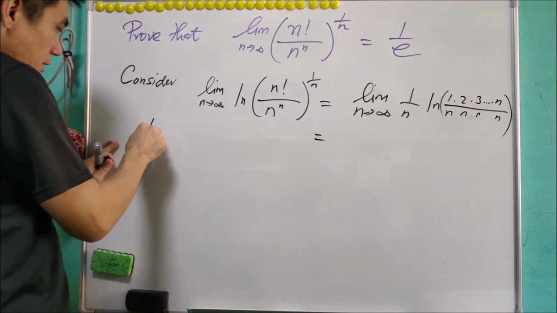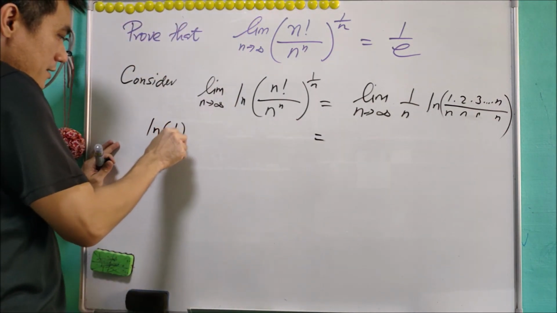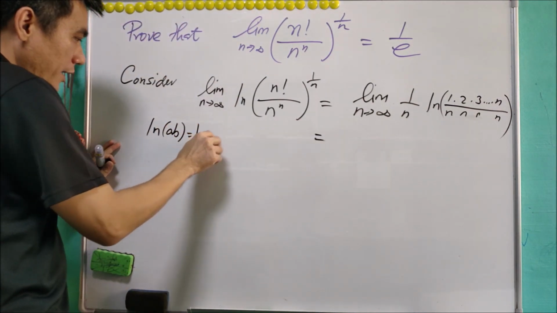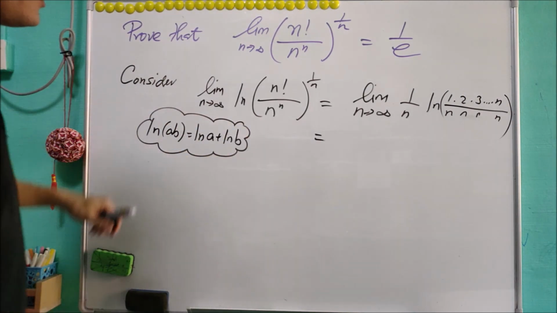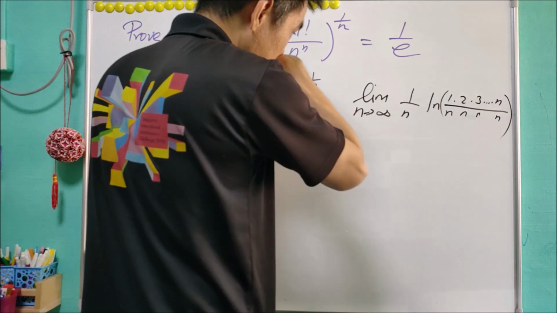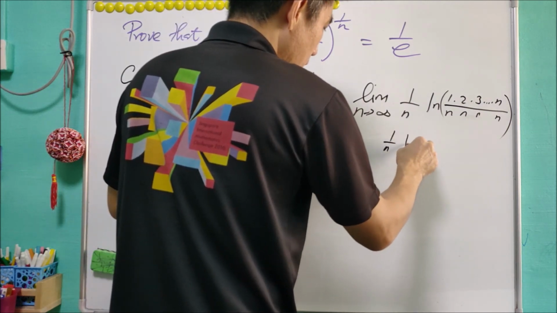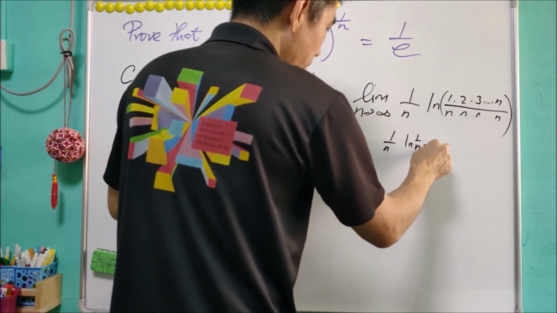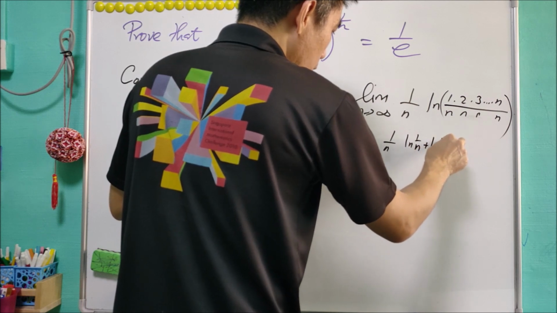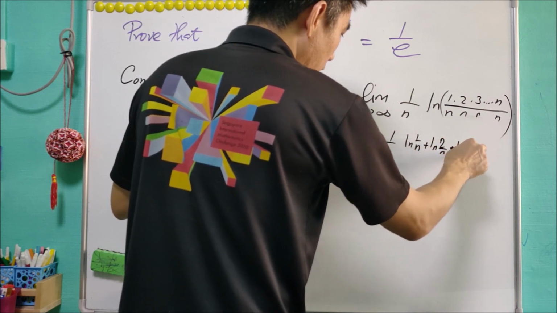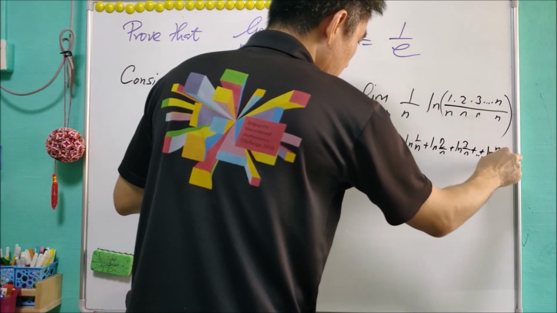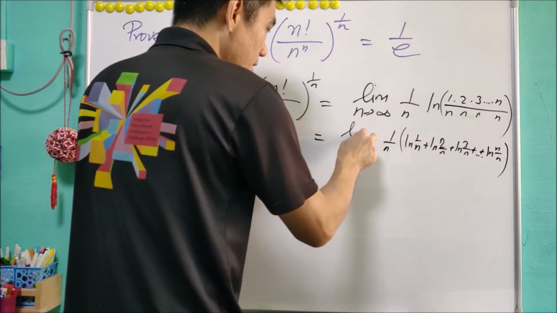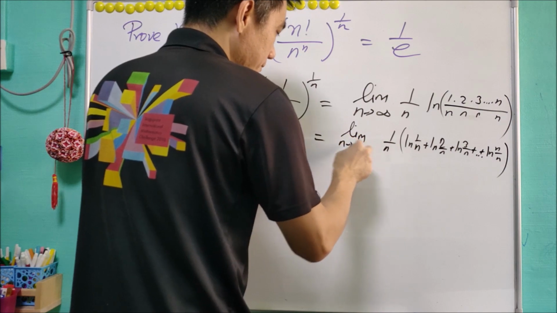We know that log of AB can be written as log A plus log B. Then this can be written as 1 over n times log of 1 over n plus log of 2 over n plus log of 3 over n, all the way to log of n over n, where n goes to infinity.